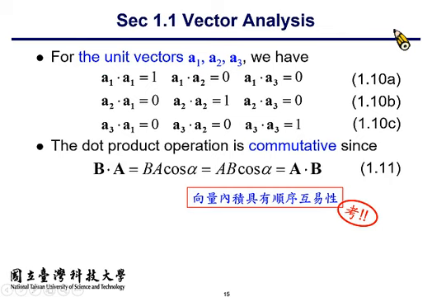Okay, so on the top shows the dot product of the unit vectors. So, as I already mentioned, if the two vectors are orthogonal, the dot product of the two becomes 0.